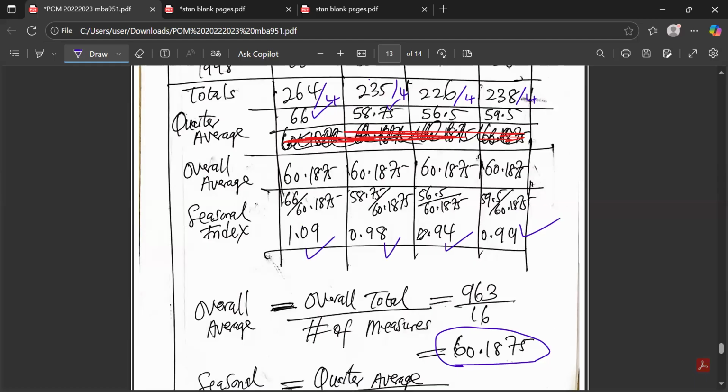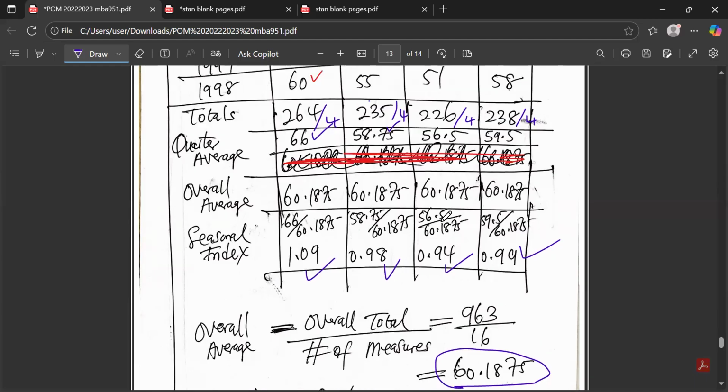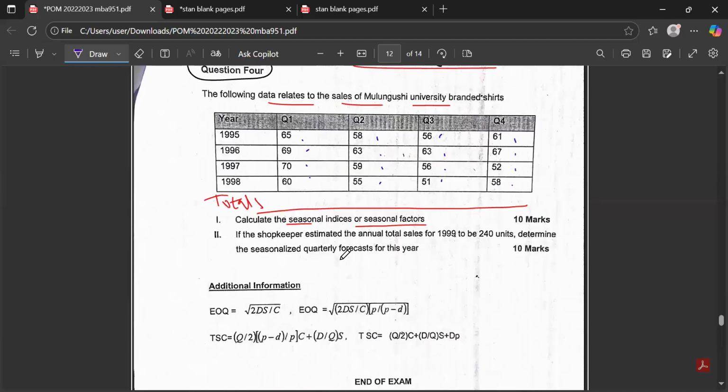All right. So after getting the seasonal indexing for each of these ones, we are now required to answer the second part. If the shopkeeper estimated his annual total cost for 1999 as 240, determine the seasonalized quarterly forecast for this year.